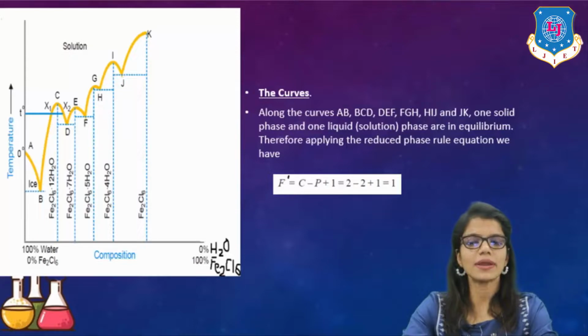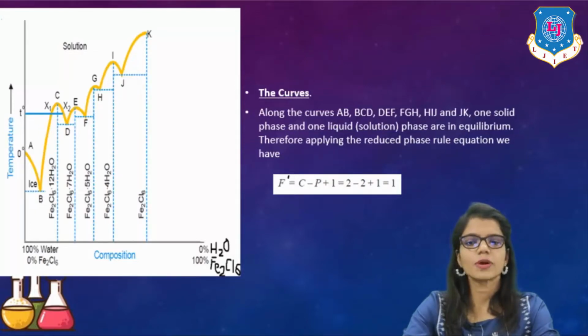At a particular temperature, it starts the formation of Fe2Cl6·12H2O. At point D, it will degrade itself and start converting into Fe2Cl6·7H2O. From that point till E, the formation of Fe2Cl6·7H2O occurs. At point F, it is totally converted into another one, which is Fe2Cl6·5H2O.